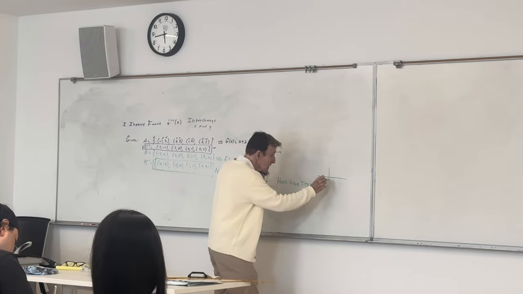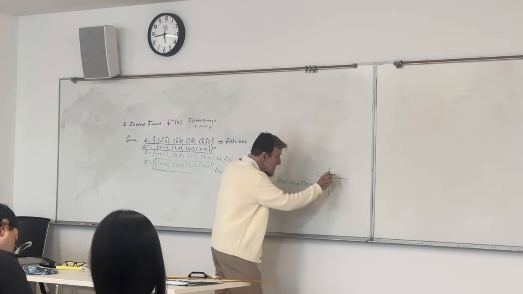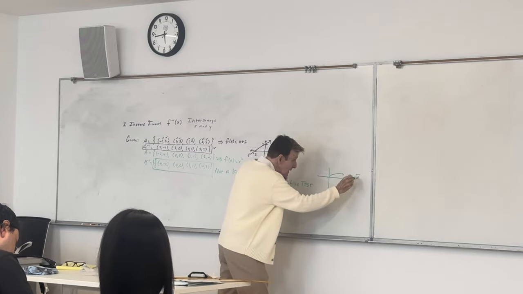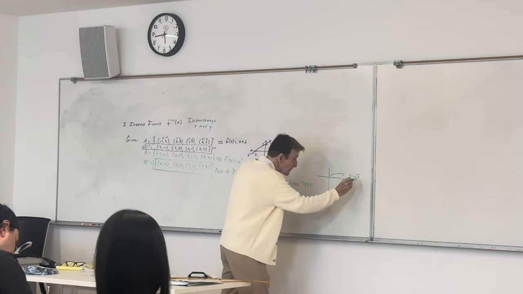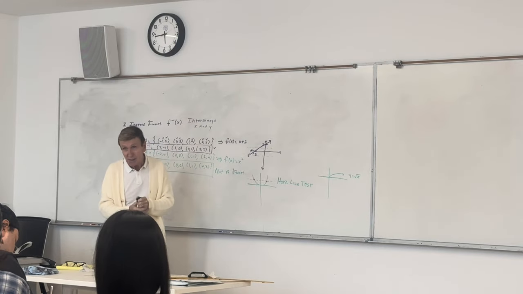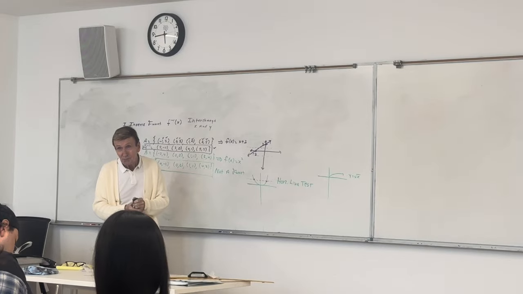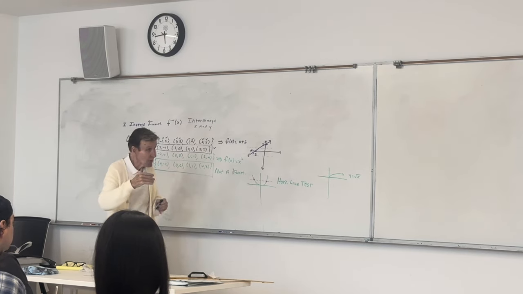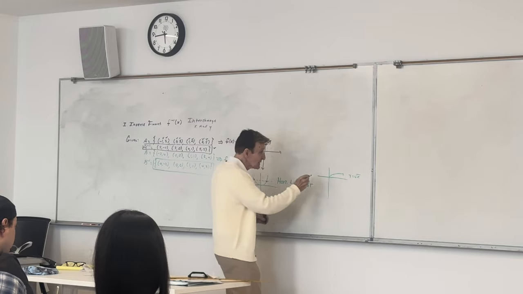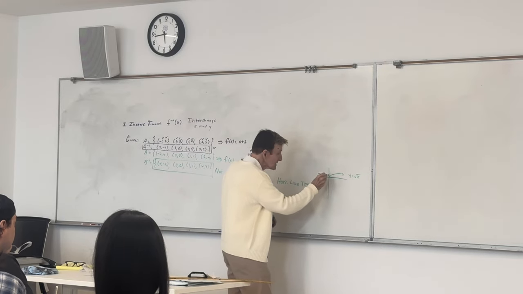We saw earlier a graph that looks like this, which is the square root graph, square root x. Would that pass the horizontal line test? If I draw a horizontal line anywhere I wish, will that line intersect my green graph only one time? How many points of intersection do I get?